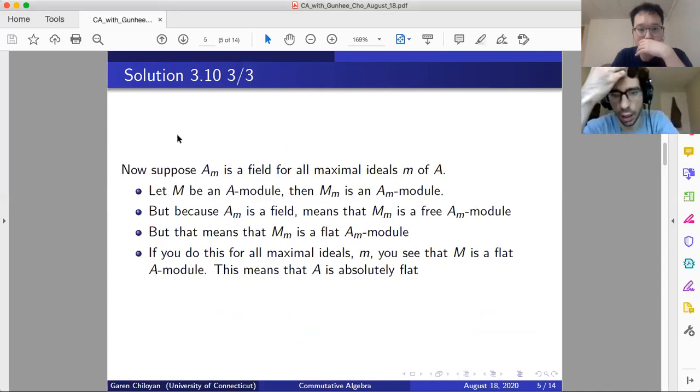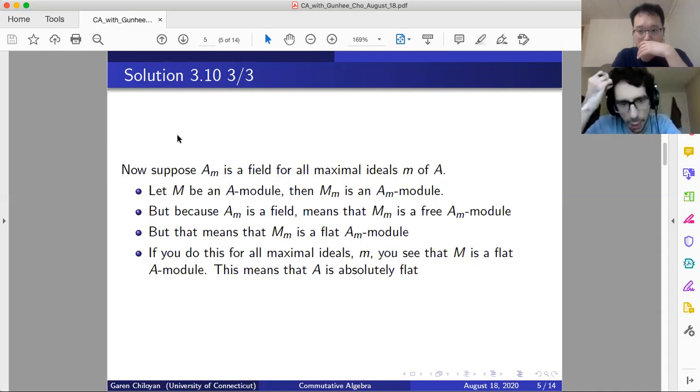Okay. Sorry. No, I proved it a different way. Okay, never mind. So let A be a ring. Sorry, I made a mistake. Let A be a ring such that A sub M is a field for all maximal ideals M of A.